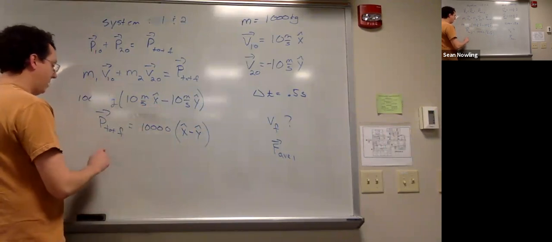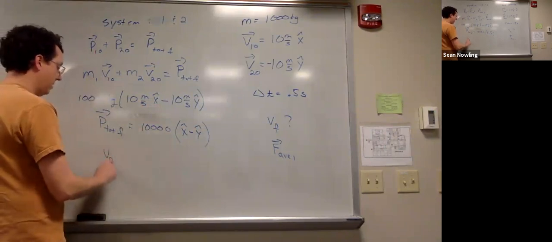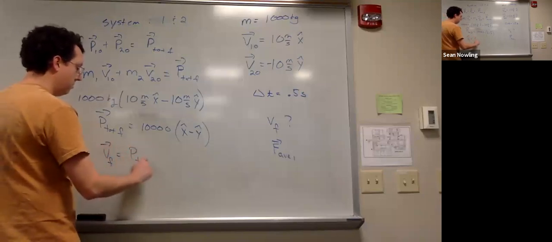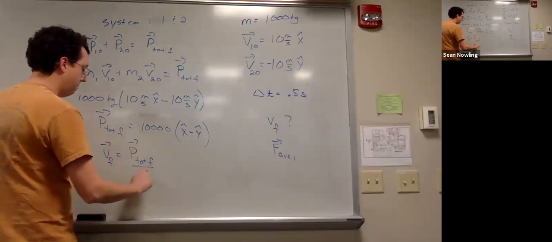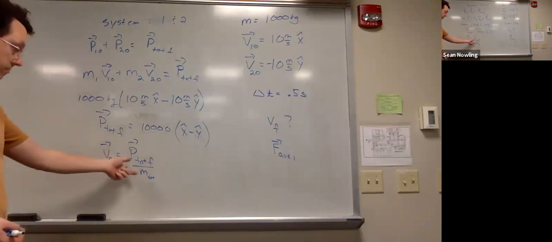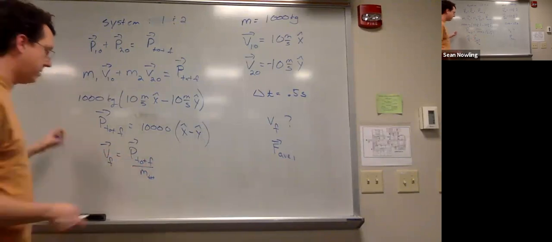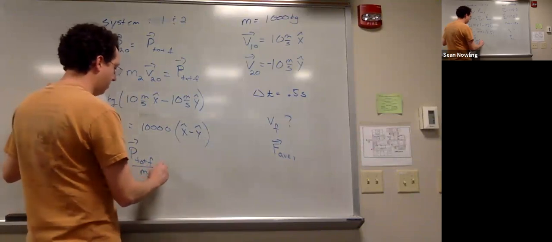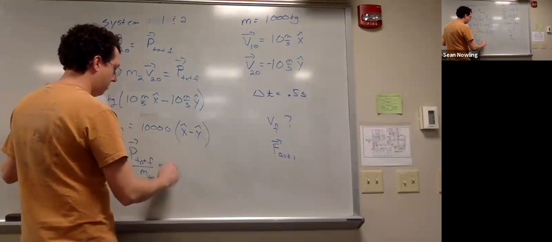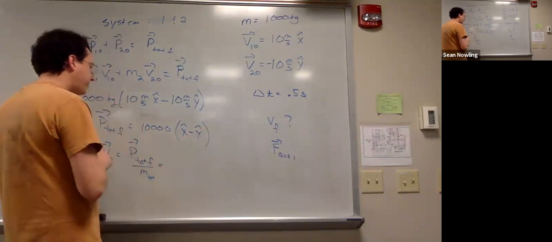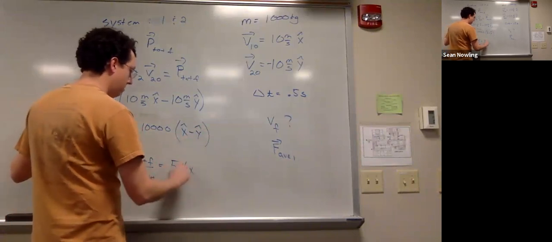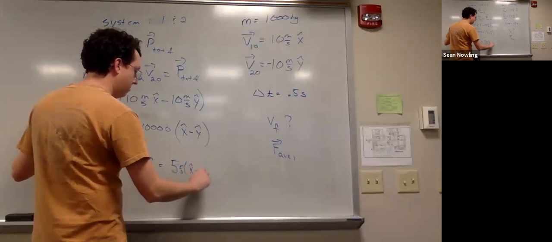If I wanted to find the final velocity of the pair together, that's just going to be the total momentum final divided by the total mass. Remember that it's one object now, so to find its velocity, you divide by the total mass. That's simply going to be 10,000 divided by 2,000. So that's going to be 5 meters per second, x hat minus y hat.